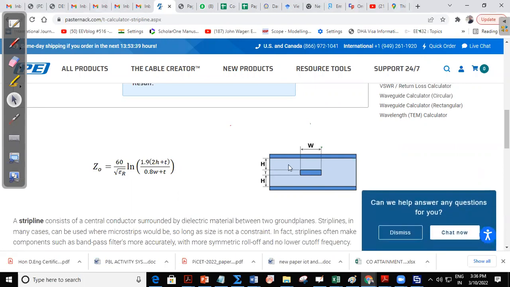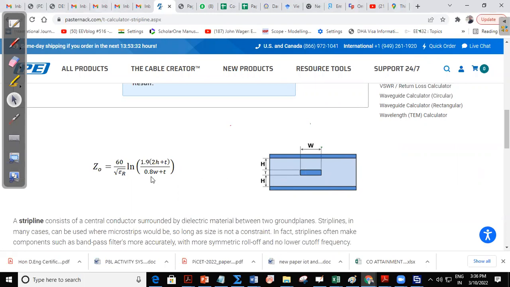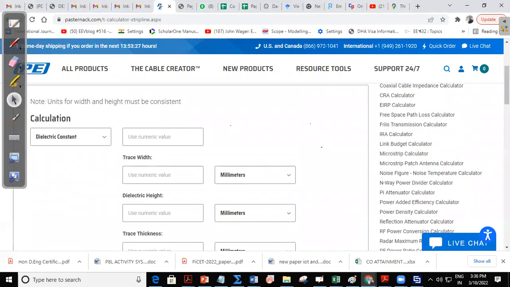So epsilon r is for the generalized strip line. It's a homogeneous strip line. So we can calculate using this formula, and this value comes for 2.6 around 50 ohm of resistance, and for that purpose we take the value of 2.6 as a strip line.